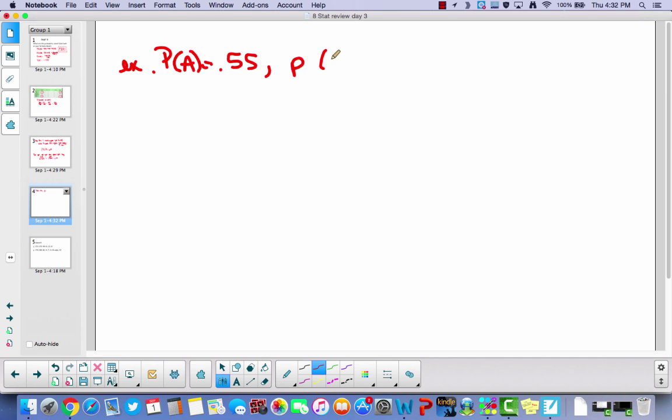The probability of A or B is 0.7. The probability of A and B is 0.2. And we want to find the probability of B complement.